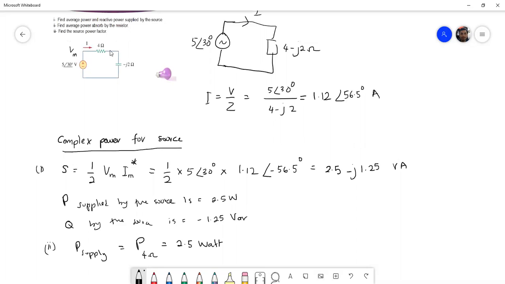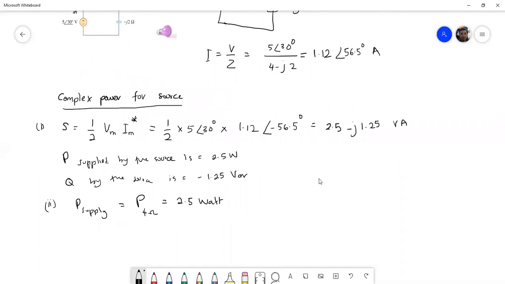Next is to find the source power factor. The source power factor can be obtained from the complex power, which you have already calculated as 2.5 minus j1.25, but we need to convert it into polar form.